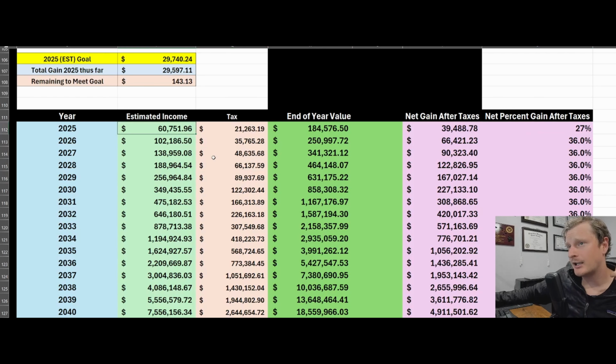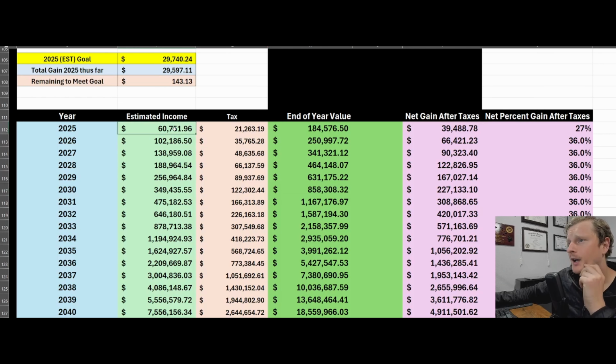And the way I plan on operating these cells is every year that elapses, I'm going to annotate the amount of income I generated, how much taxes I'm going to have to pay, what the end of the year value is, how much is left over after taxes, and then what is the net gain percentage. Once the year completes, I'm going to cell lock them, and then the other cells following after that will be based off my trading performance, and they're going to be estimates of what I have already done.